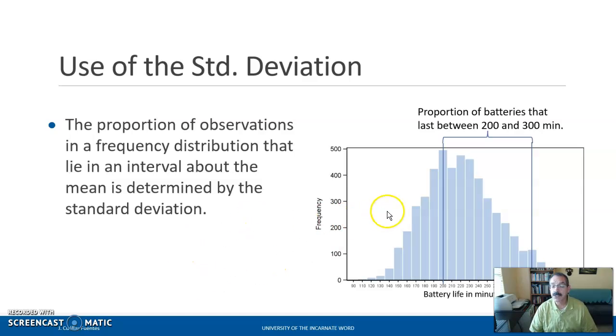But if you wanted to determine that, for example, what proportion of batteries actually last more than 30%, then you will need to know the mean and the standard deviation of the data and frequency distribution to see their shape. So to determine that proportion, we need the standard deviation.